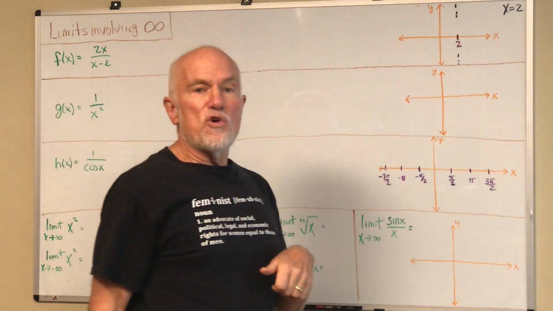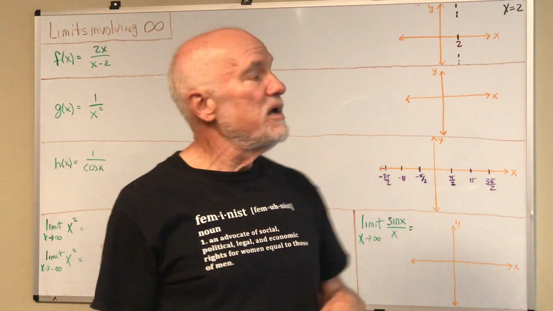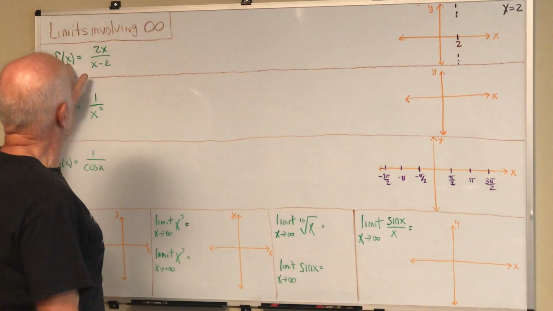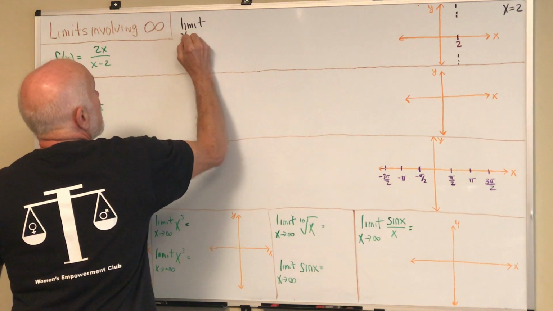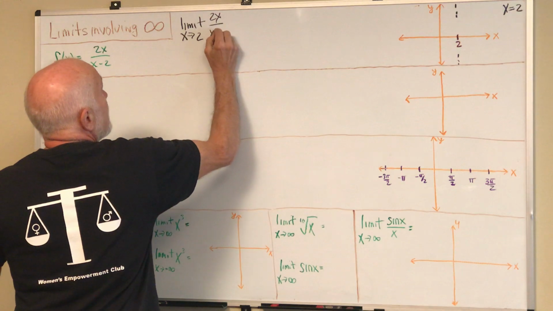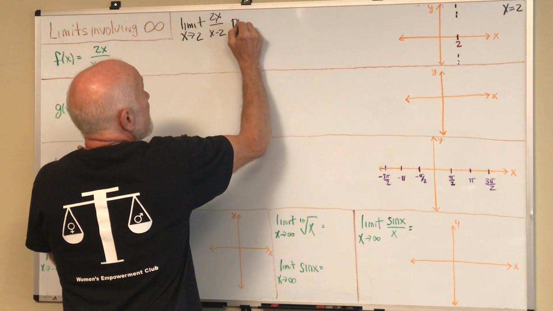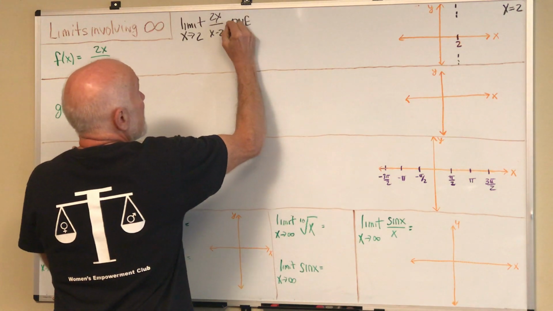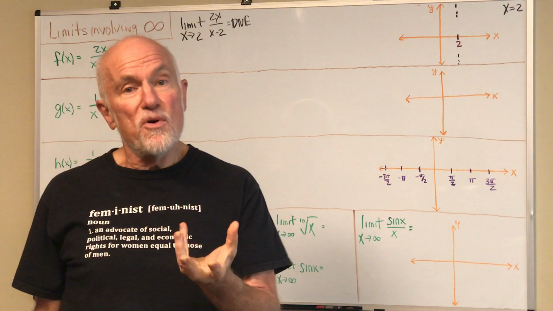And if you were asked, what's the limit as x approaches 2 for this function, we could just say does not exist, because infinity isn't really a number, it's a concept.